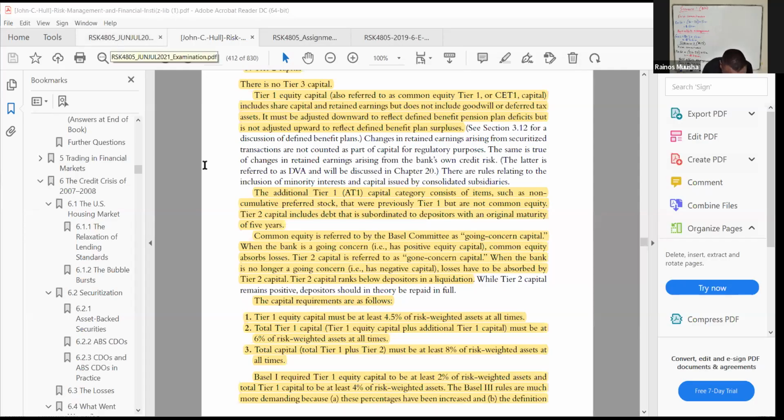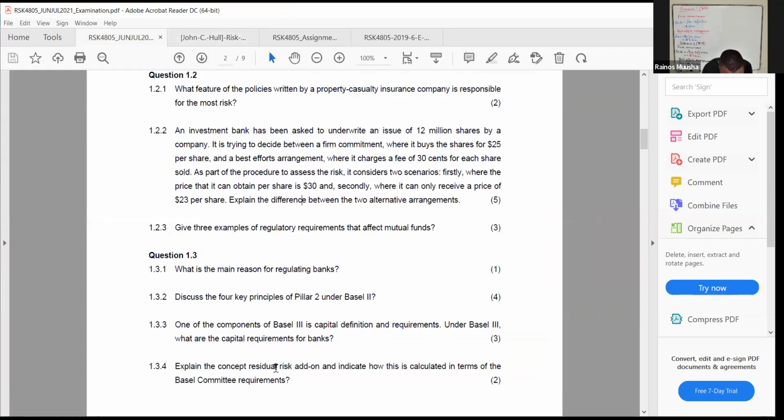On question 1.3.4, they say explain the concept of residual risk add-on and indicate how this is calculated in terms of the Basel committee requirements.